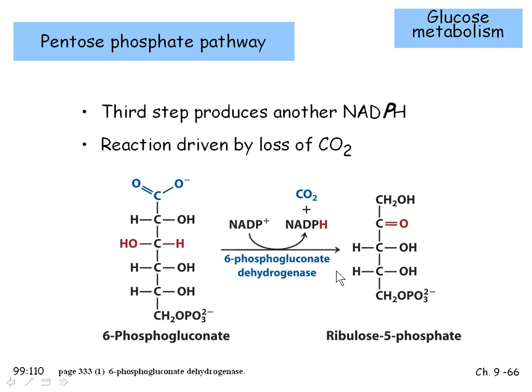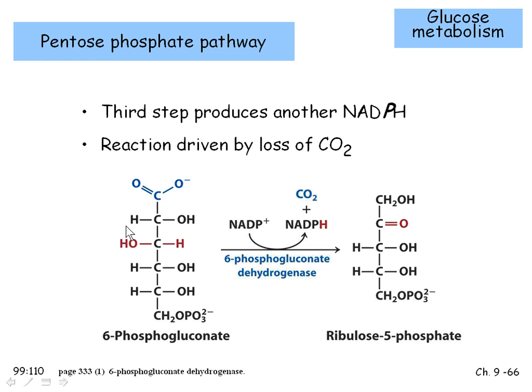And then the third step in the pentose phosphate pathway, again, produces an NADPH for us. But this time it's driven through release of a carbon dioxide. So if we're starting over here looking at this molecule, we go 1, 2, here's the phosphate end to count from, 1, 2, 3, 4. If we look over here, 1, 2, 3, 4.